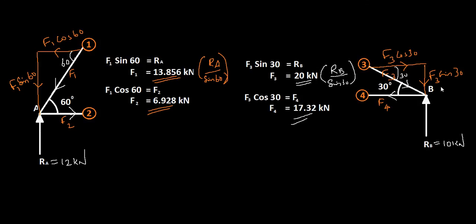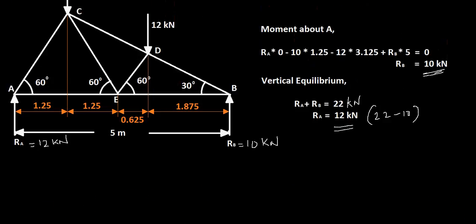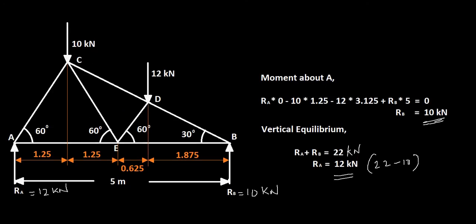So now we are moving on to the next joint here, which is joint E here, and you have forces F2, this is F2, and you have F4 here. Both are acting away from the joint, and you need to find the forces on this member here and the member here. So that's what we are going to do next.